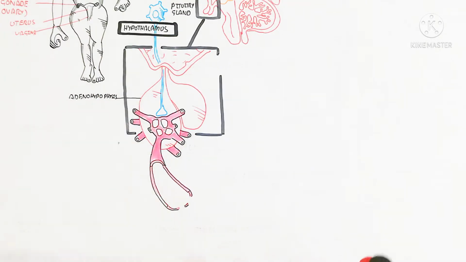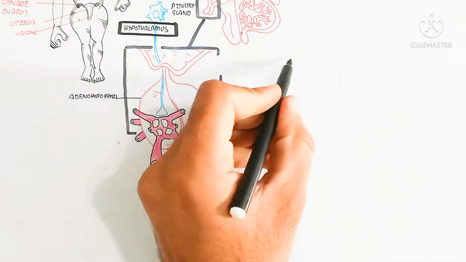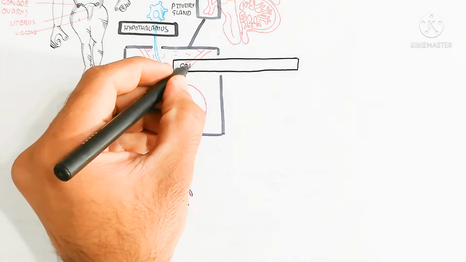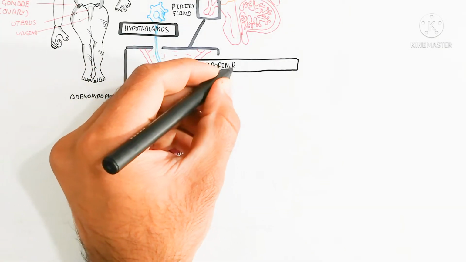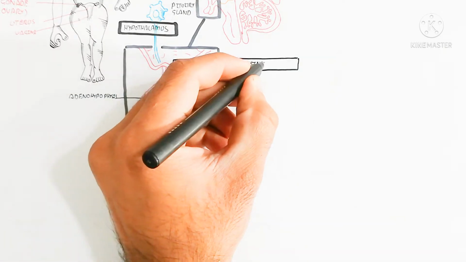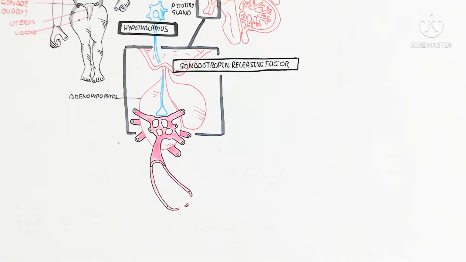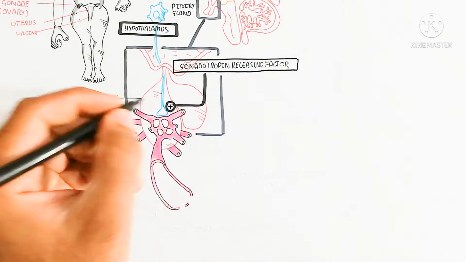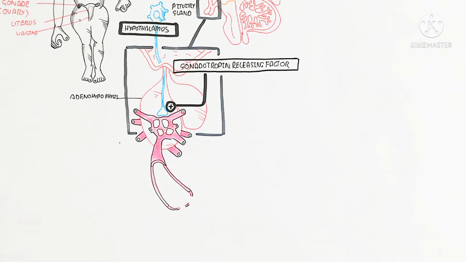For example, the target tissue can be the primary follicles. The primary follicle is developed from the beginning, during the development of the female, and it will not be stimulated until puberty.